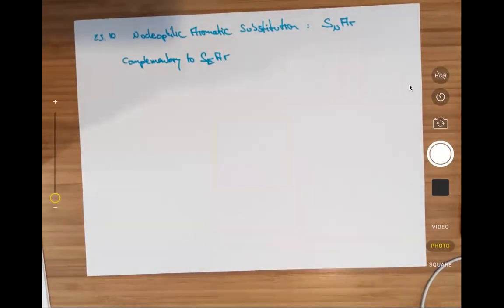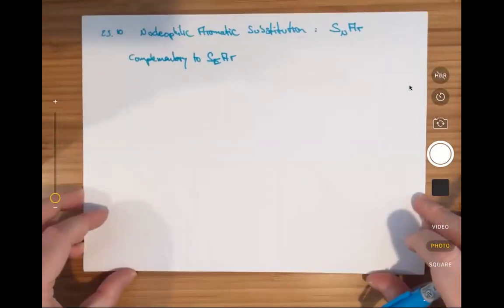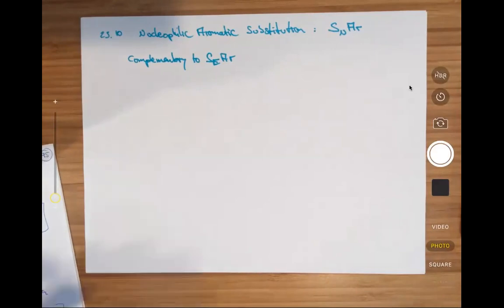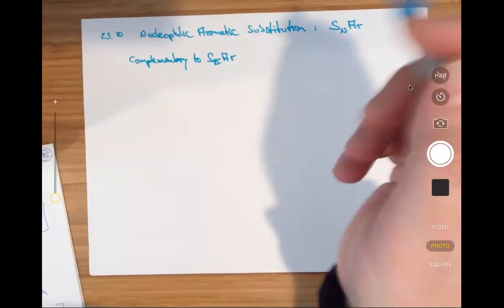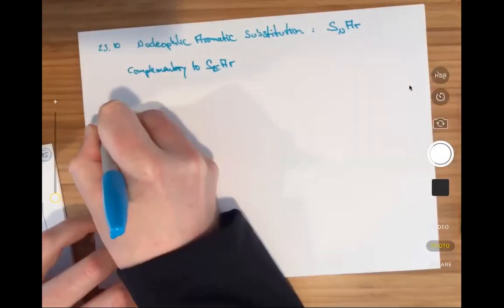Okay. All right, so coming back to our chapter today, we were talking about the nucleophilic aromatic substitution. And we said that it's complementary to the electrophilic aromatic substitution, but it works very, very similar. So if you think about this, you have an aromatic ring.